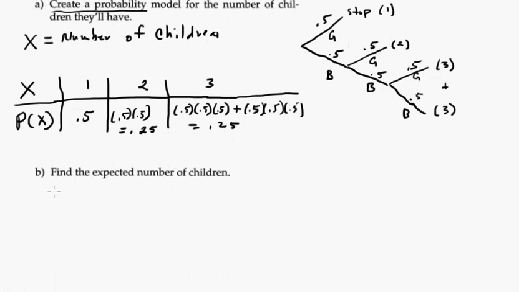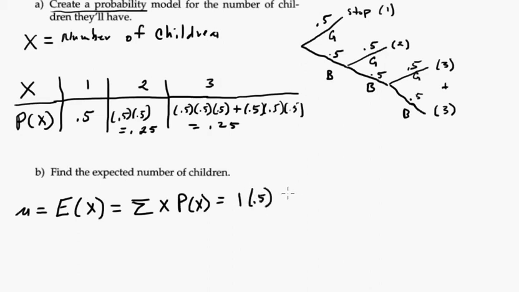Now they ask, what's the expected number of children? Okay, so we say that the mean is the expected value for the random variable x, and that's going to be the sum of the outcomes times their associated probability. So it's going to be 1 times 0.5 plus 2 times 0.25 plus 3 times 0.25.